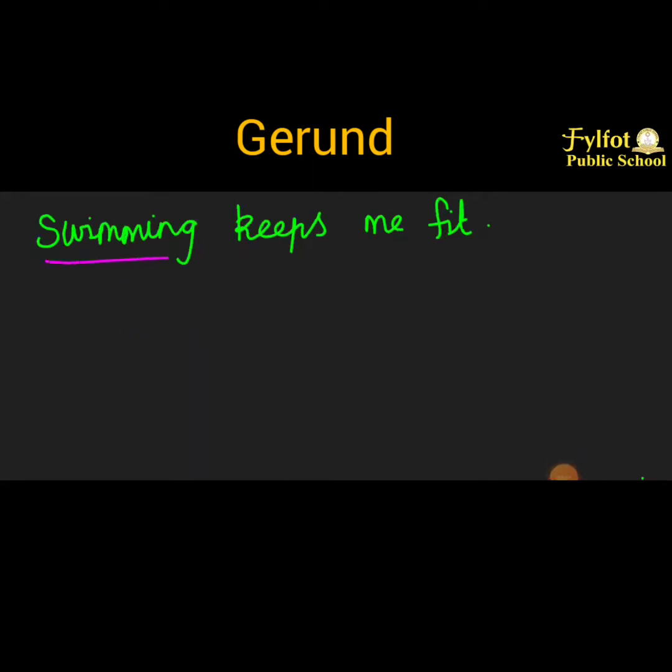So swimming is a gerund in this sentence, and why? Because it is used as a noun, and it also answered the question what makes me fit. Swimming keeps me fit.